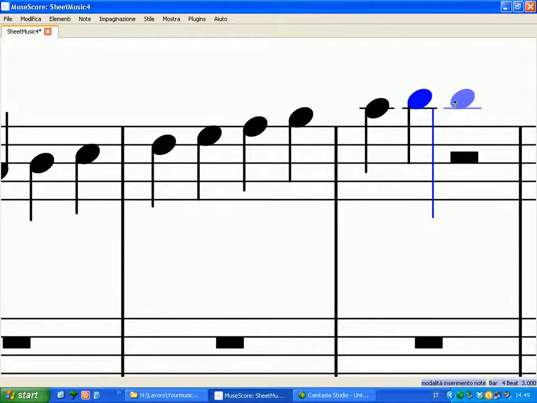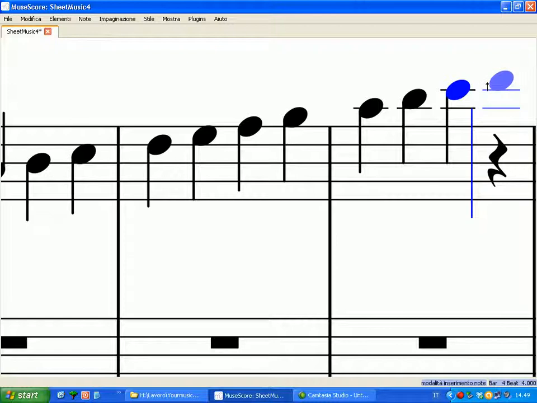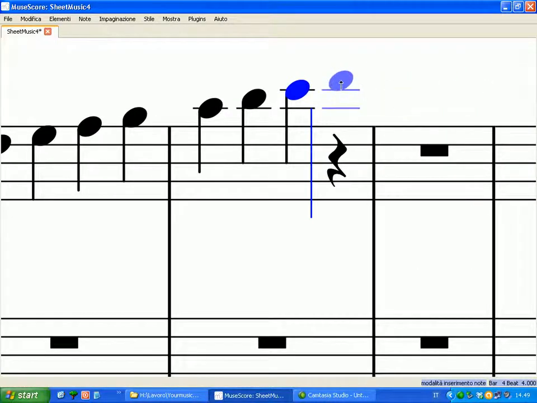And then if I want to go to the C, I have to write it on the second ledger line, and so on. Then if I want to go to a higher note, higher in pitch, I would have to go above the second ledger line, and so on and so on.